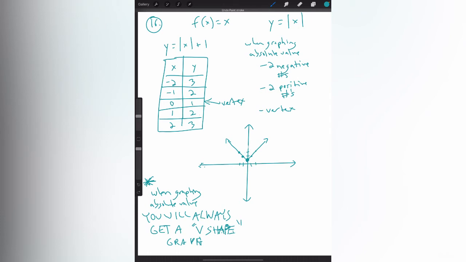That point where it changes is called the vertex. And that's at 0, 1. This is my y-axis, and this is my x-axis. When you graph it, it's not asking for the vertex right now, but it eventually will, to identify where the vertex is. In this case, it's right there.